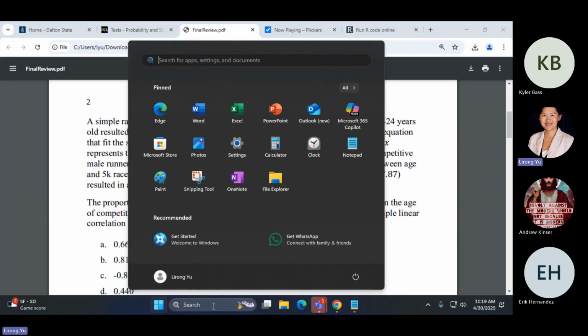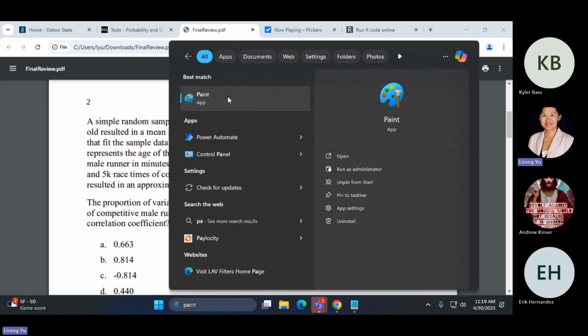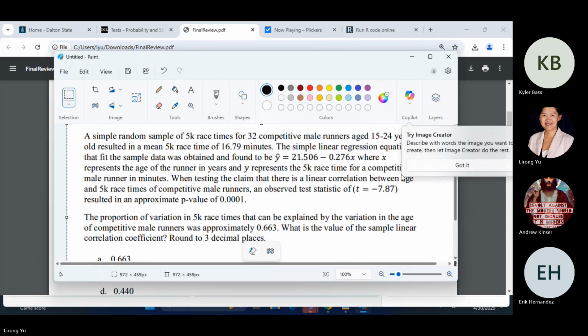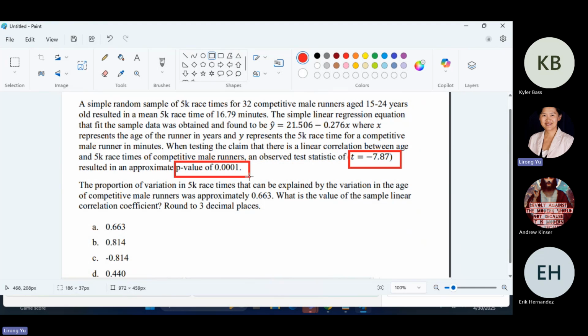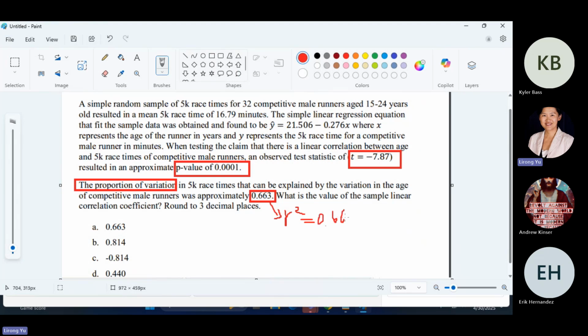So essentially, we can actually identify key information from the question already being given here. We got a test statistic. We have a p-value. And we have the proportion of the variation explained by the relation, which essentially is the R square. R square is 0.663. And you can see that the equation is also given, right?